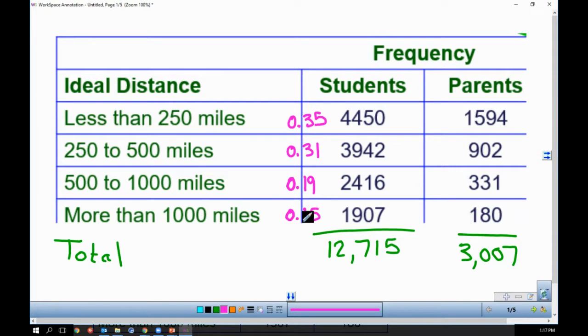Okay, so we did our relative frequencies for the students. To save us a little bit of time, I'll go in and write the ones for the parents up there. You would do the same process for the parents, and you should get 0.53, 0.30, 0.11, and 0.06.